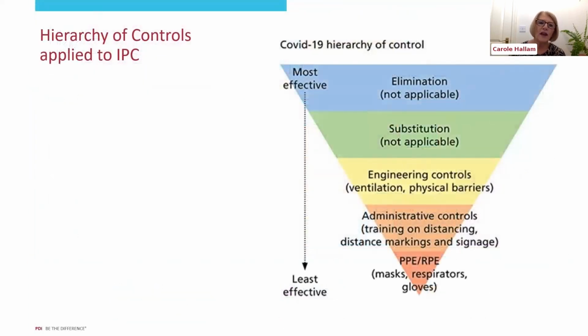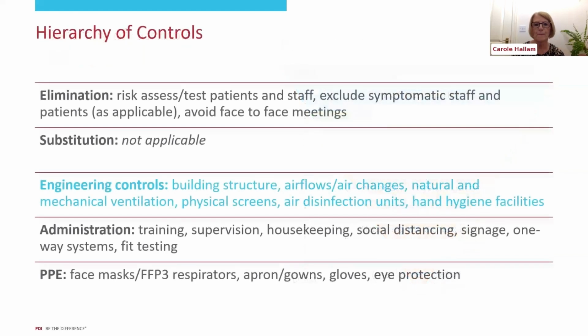So we're all aware of the hierarchy of controls, very much came to the forefront in COVID, where you look at the most effective control measures are at the top, the least effective with the PPE, etc., right at the bottom. I am certainly not saying that PPE wasn't required, because absolutely it was required. But actually what they're saying is the engineering controls were much higher and more likely to control than just PPE alone.